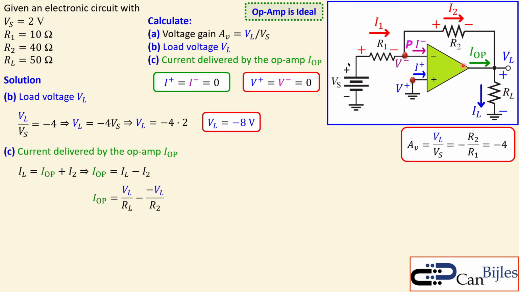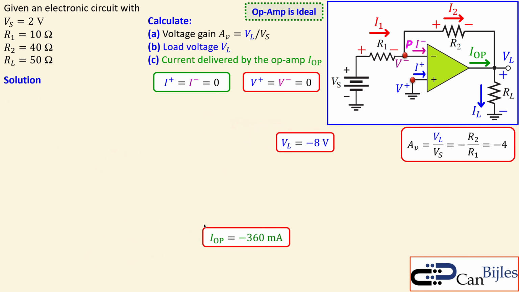Now if I substitute the values, VL is minus 8, so it will be plus 8, over 50 for our load resistance, and R2 was 40. So I will get minus 360 milliamps. Again you can see it is a negative current that will also create a negative voltage.